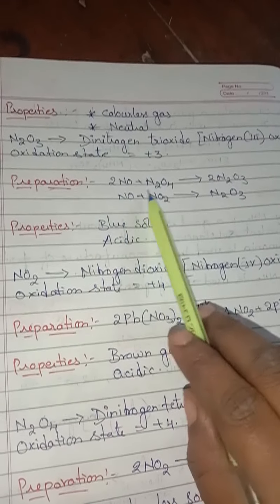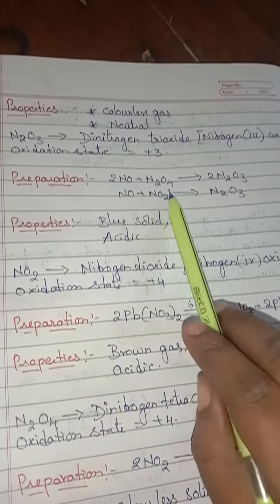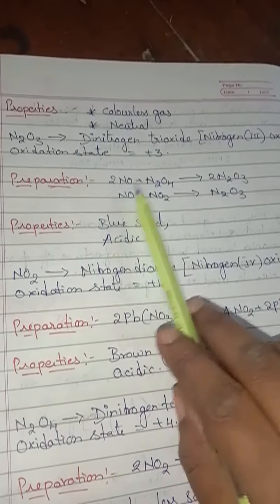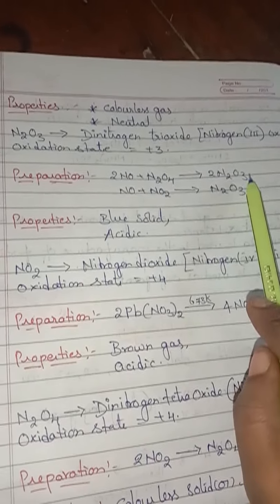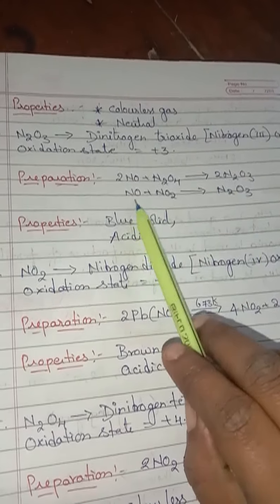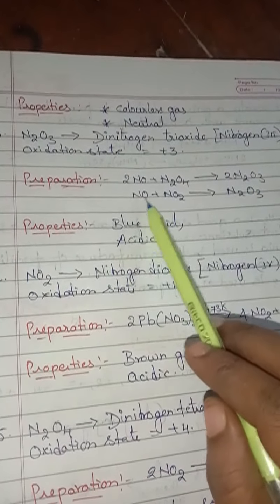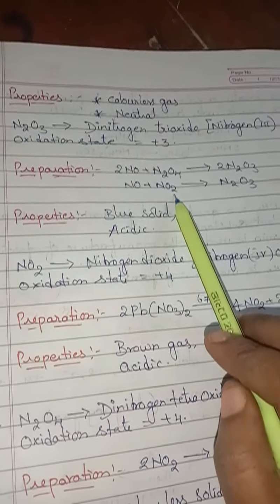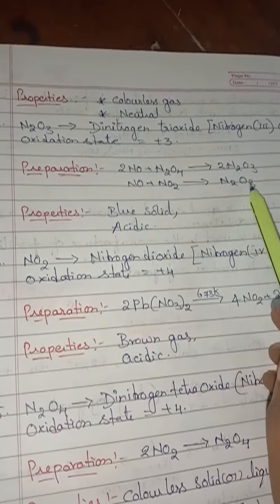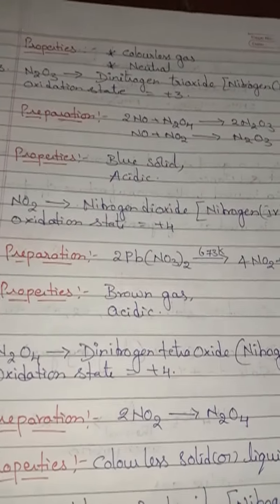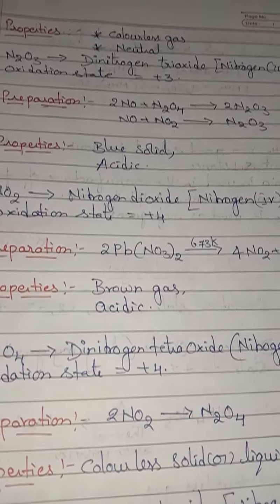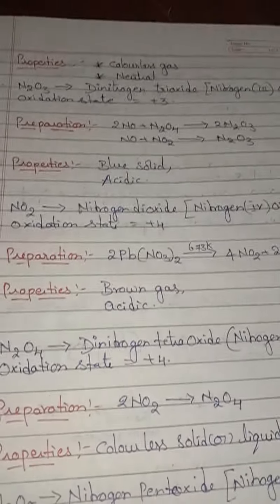When NO reacts with N2O4, dinitrogen tetroxide, it forms 2N2O3, and it can also be prepared when NO reacts with NO2 to give N2O3. Its properties: dinitrogen trioxide is a blue solid which is acidic in nature.